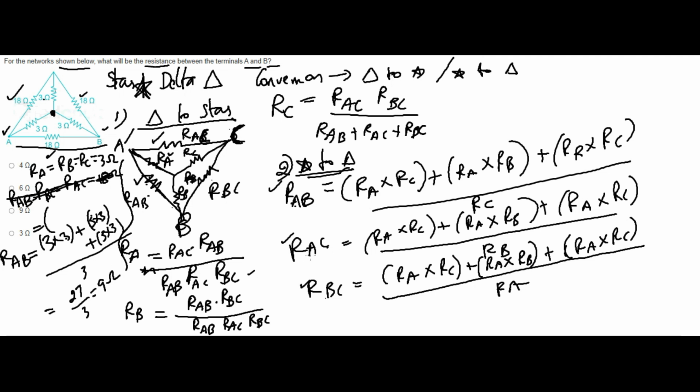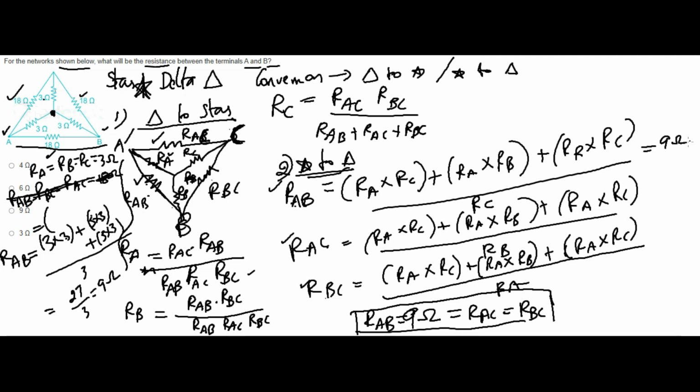So look at your RAC and RBC, all have the same parameters. So you can write RAB is equal to 9 ohm, that is also equal to RAC, that is also equal to RBC. So all three will get the value of 9 ohm. I can write here 9 ohm, that equals 9 ohm, that is also equal to 9 ohm.